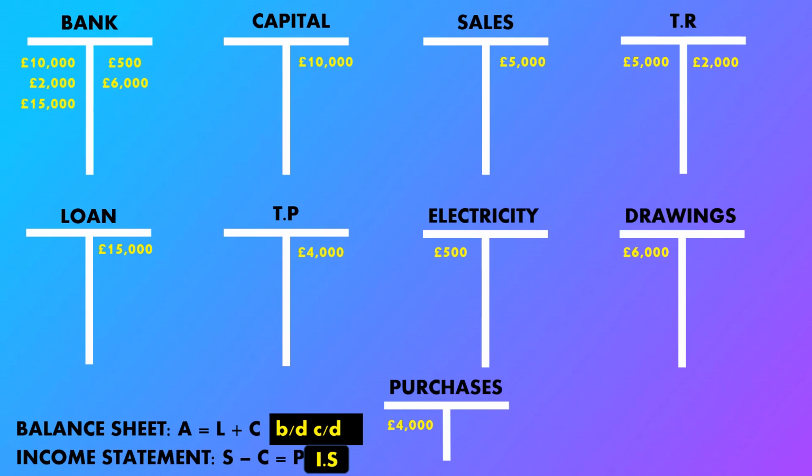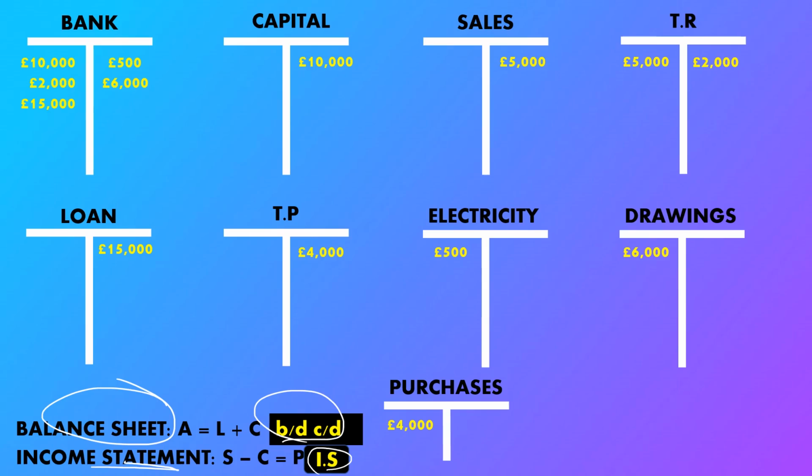Before I do the closing entries, it is important to understand that what relates to the balance sheet must have brought down and carried down, and what relates to an income statement must have the word IS, which means income statement for short. Let me show you what I mean. Let's look at the trade receivables account. We must first look for which side has the highest number in total.